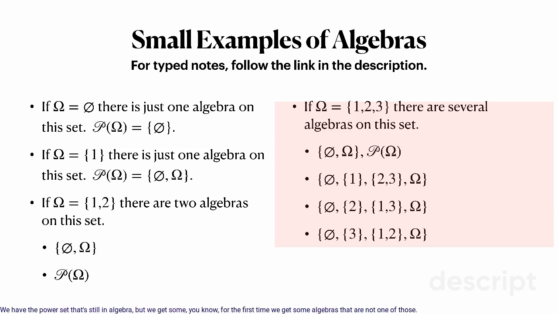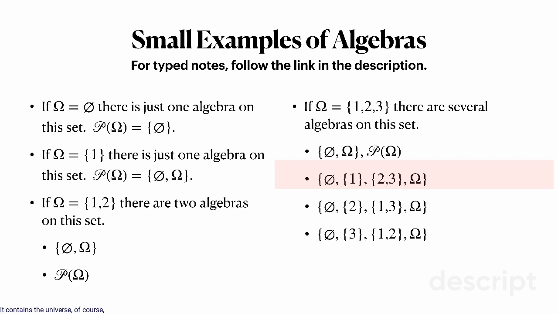But for the first time, we get some algebras that are not one of those two. Namely, we could have, for instance, this one that has the empty set, the singleton 1, the set containing 2 and 3, and omega. You can check that it contains omega, it contains the universe, of course. But then there's a slightly more interesting process of checking closure under complements and unions.